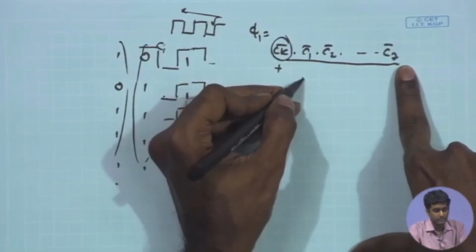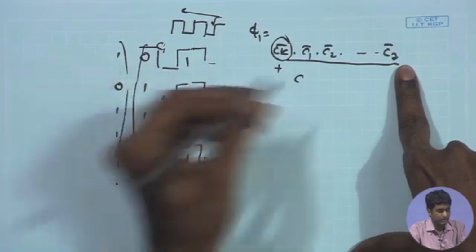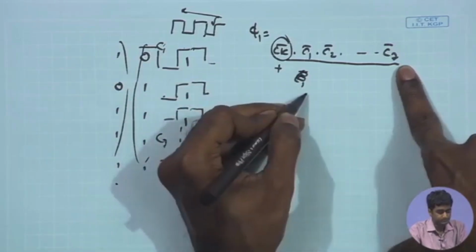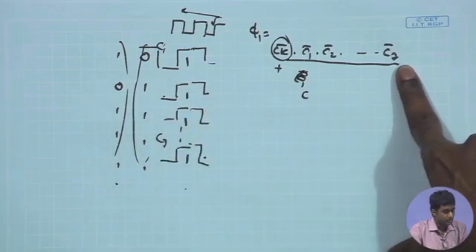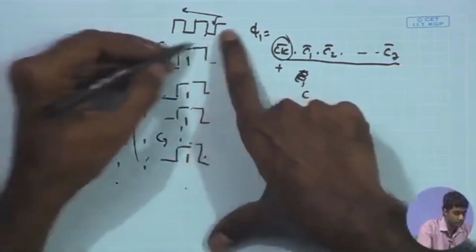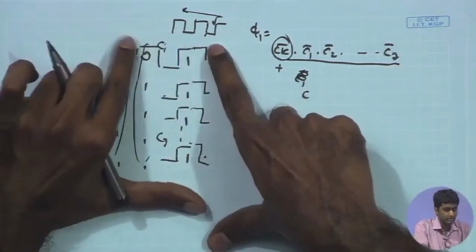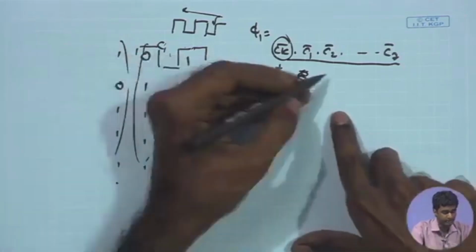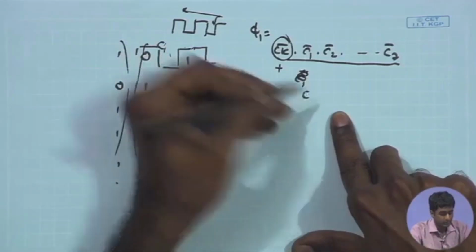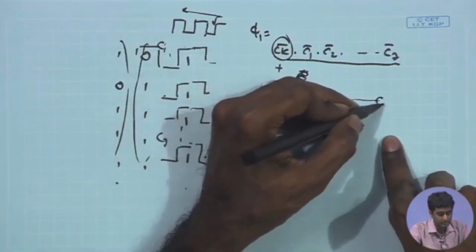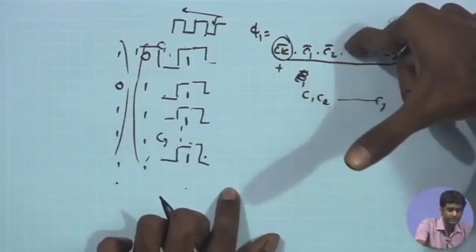Then I will use say C1 bar or basically C1, or for example, if I have to keep the phi 1 on for a longer duration, and I am looking at this phase. So, just before this you have the phase all 1. So, I can keep this C1, C2 up to Cn, C7. So, this will be the phase just preceding this one.